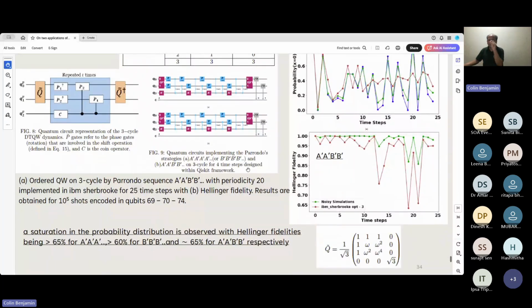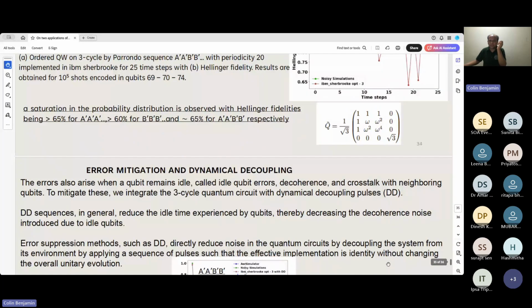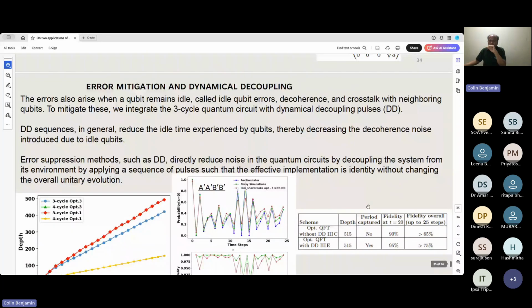One of the reasons is when you do the QFT transform, you have to leave one state unused. Now that gathers errors. So what to do is you use what are called dynamical decoupling pulses, so that this state is left unused.